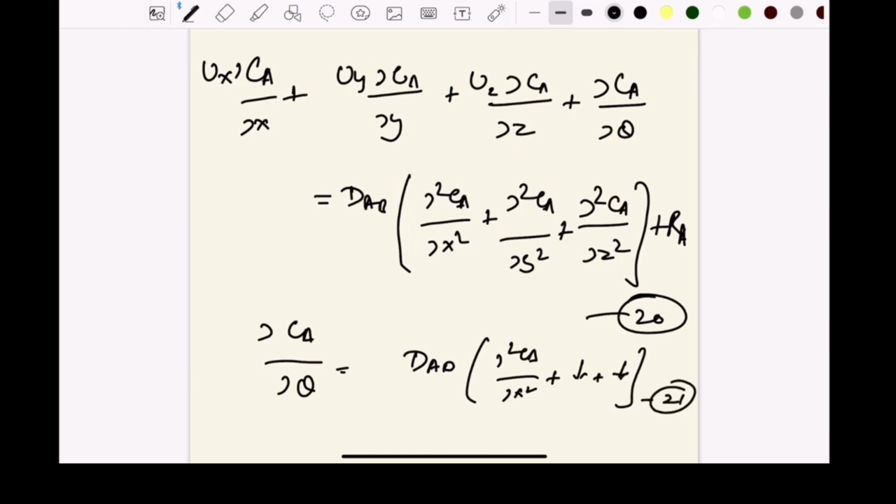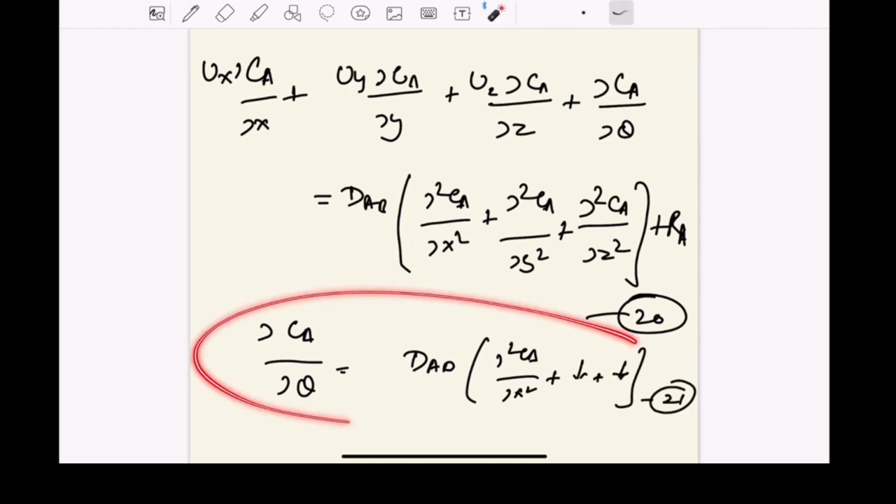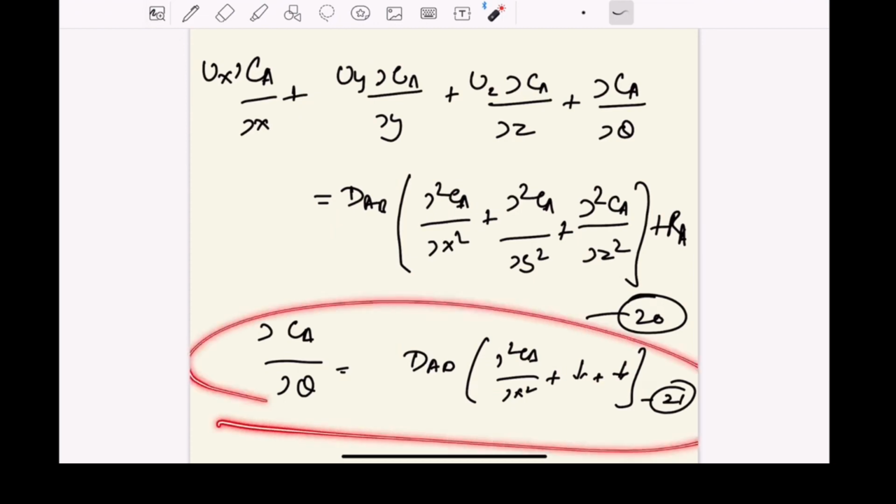This is called Fick's second law. This is frequently applicable to diffusion in solids. Compare this with the energy equation.